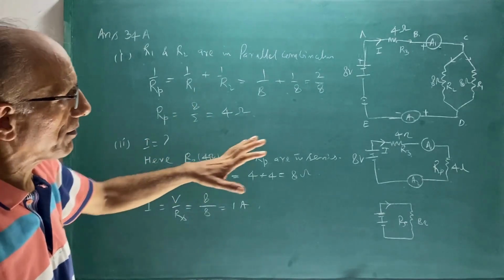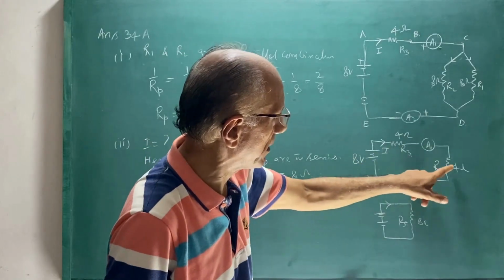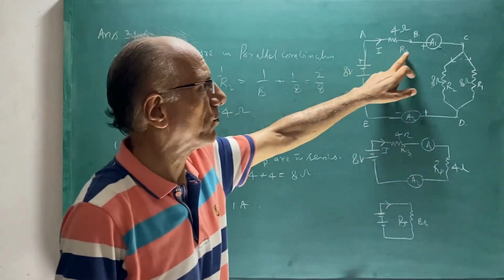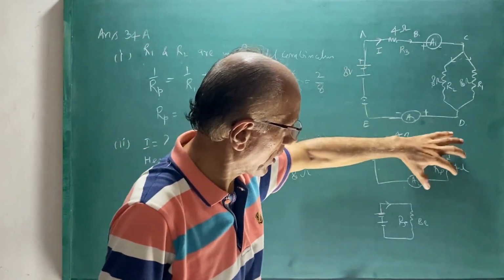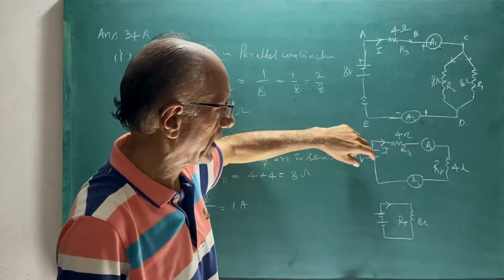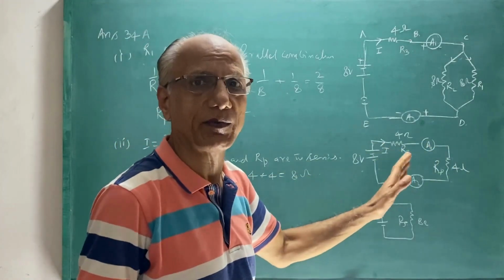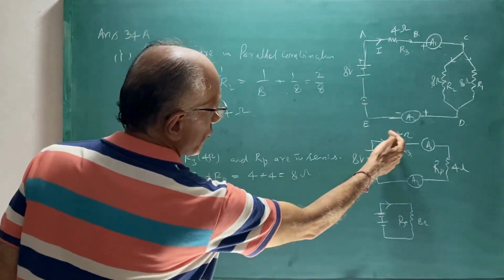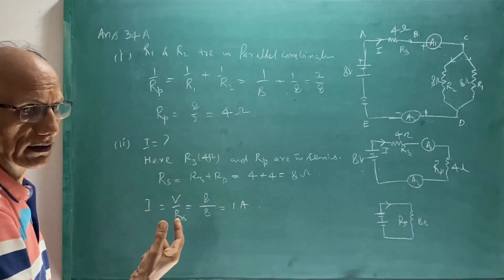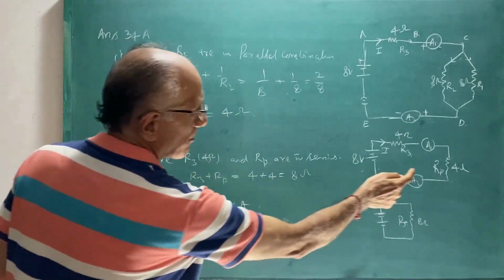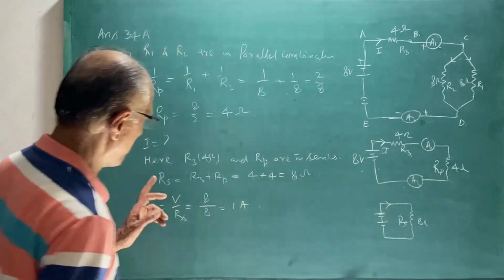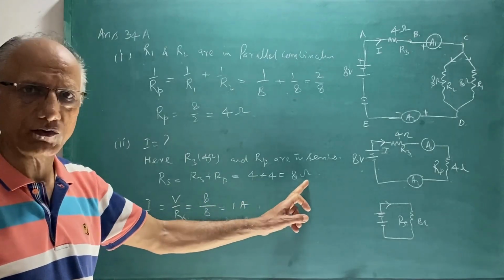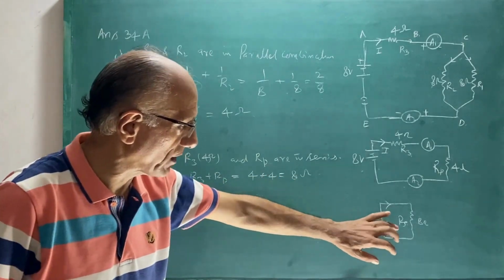If we draw its equivalent circuit diagram, it will become this, because I have to find the next part, the current through the 4 ohm resistance. Until I find the total resistance of the circuit, we will not get the current. So that means here R3, this 4 ohm which is being talked about, and the R parallel are in series. Therefore R series will be equal to R3 plus Rp, that is 4 plus 4, that is 8 ohm. And finally the circuit will become this.